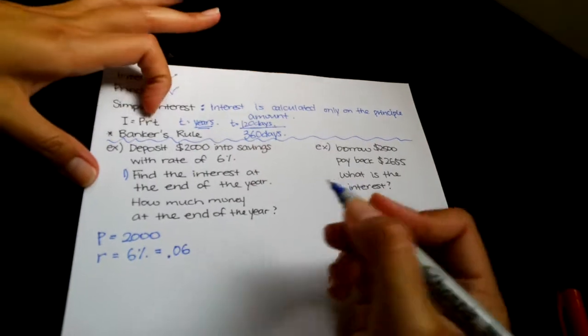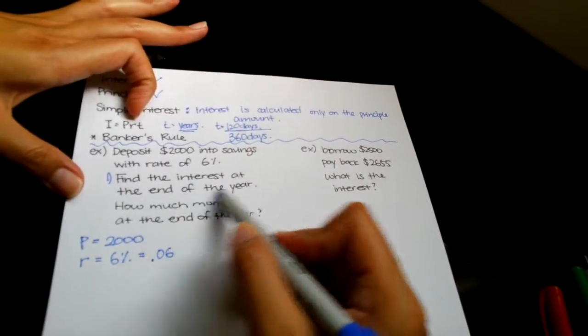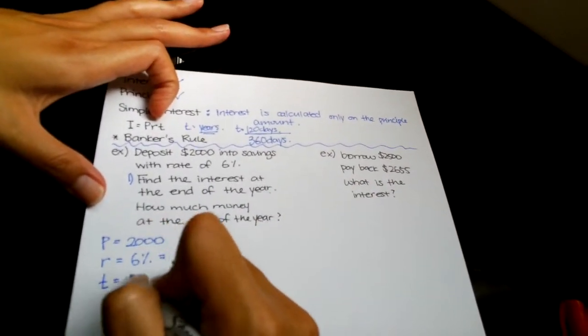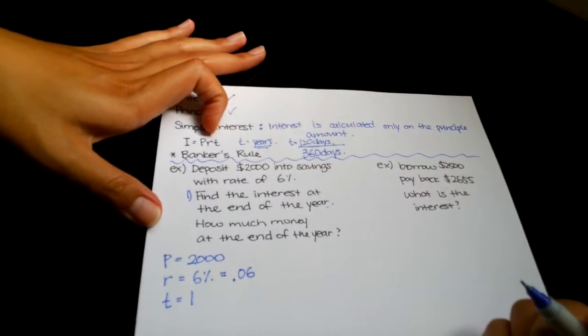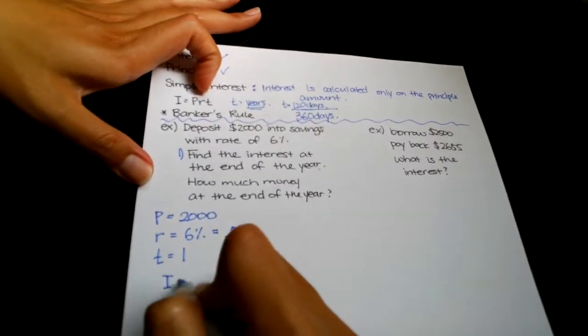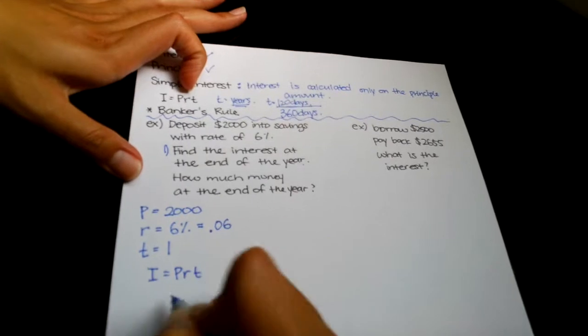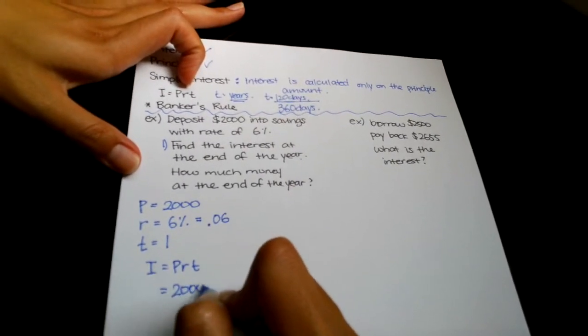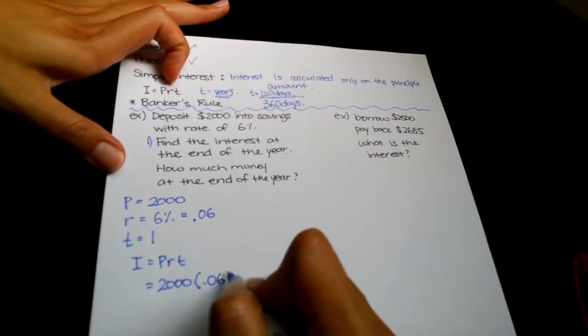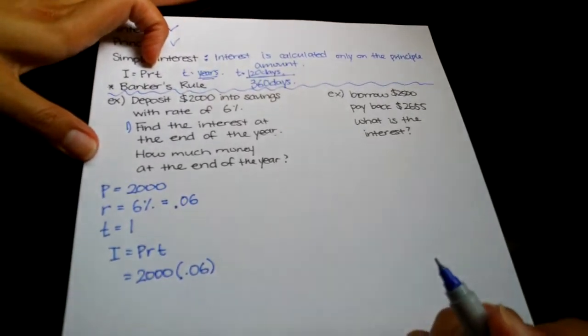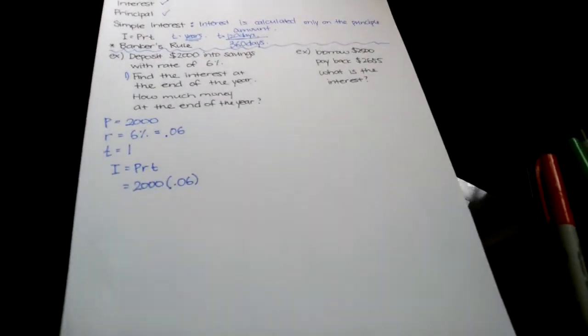And then our time is 1 year, end of the year, so our T is 1. And we can use the formula, I equals PRT. So we simply have 2,000 times 0.06 times 1, but we can omit the times 1 because anything times 1 will be itself.